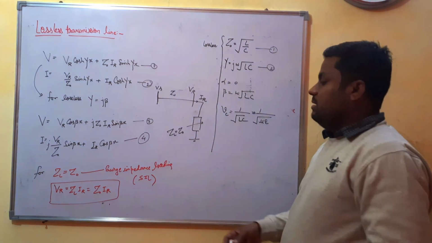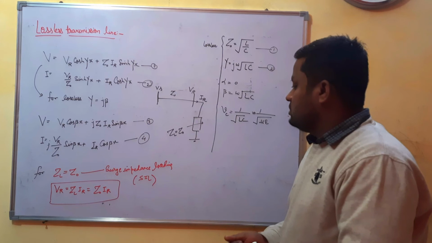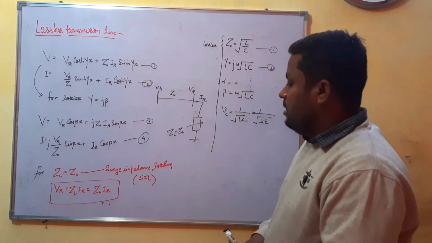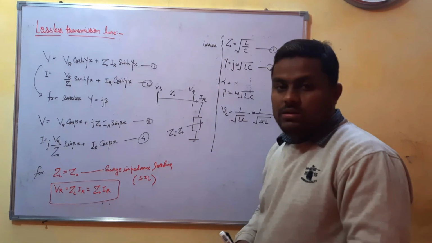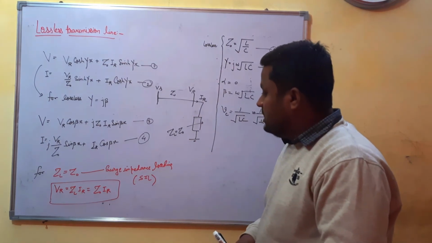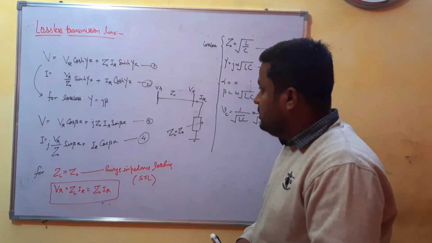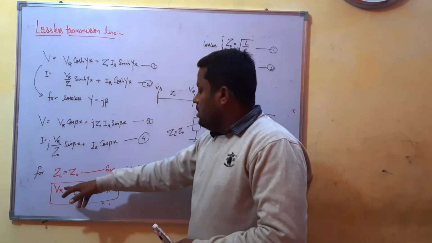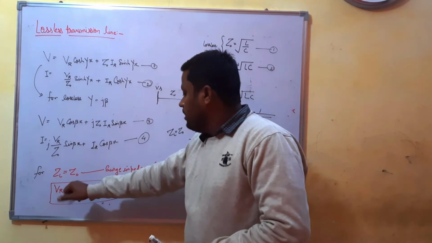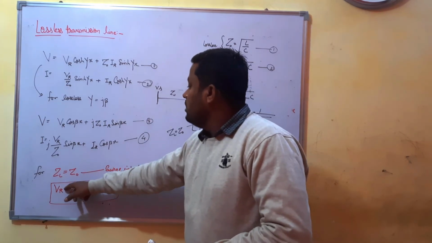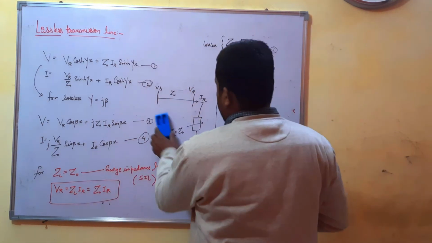Now, for this condition, when ZL is equal to Z0, VR can be written as Z0 IR.